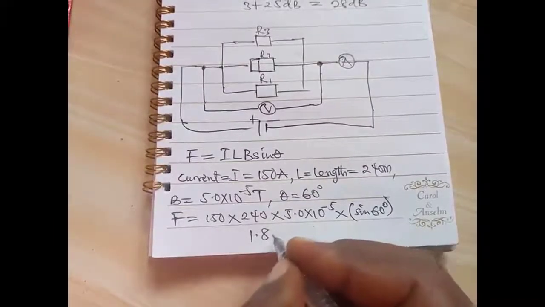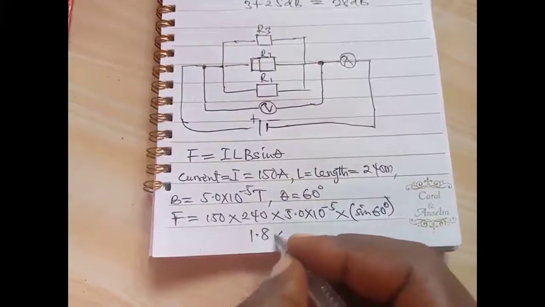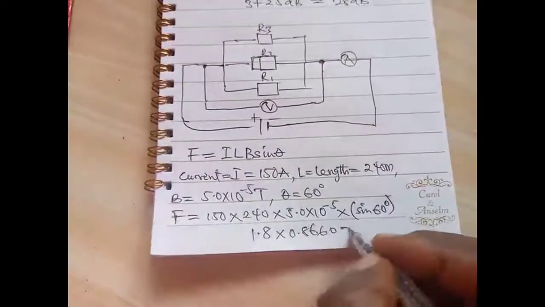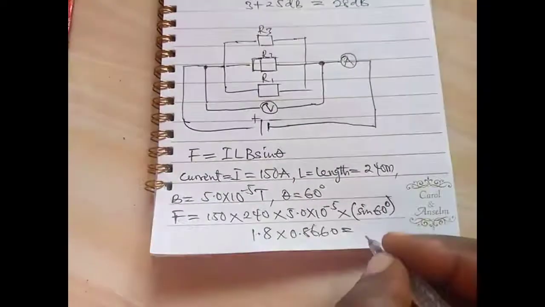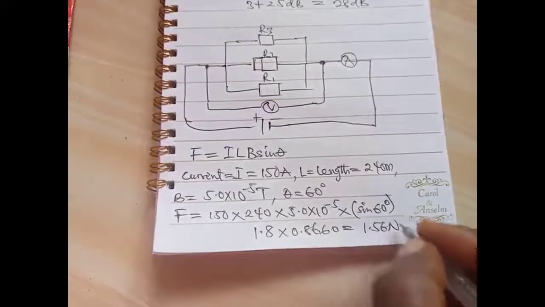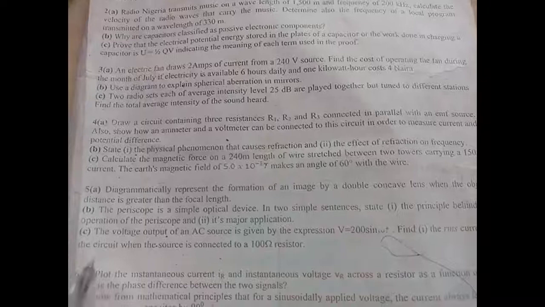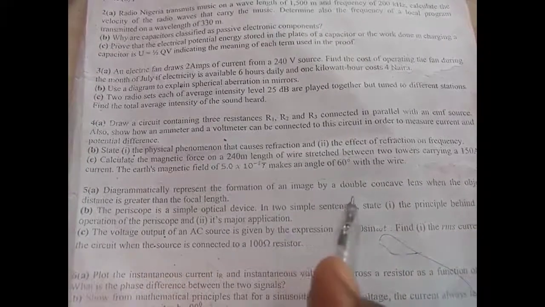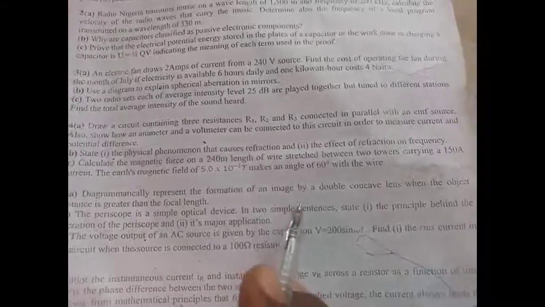Then sine 60 is 0.8660. If we multiply this out, we're going to get approximately 1.56 Newton.